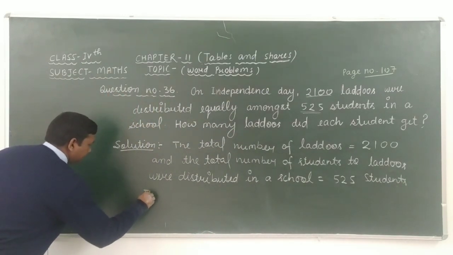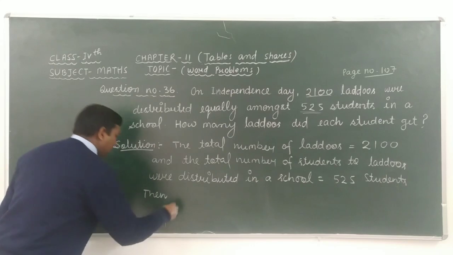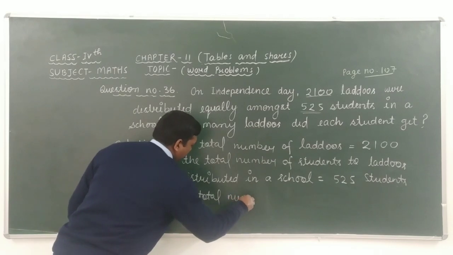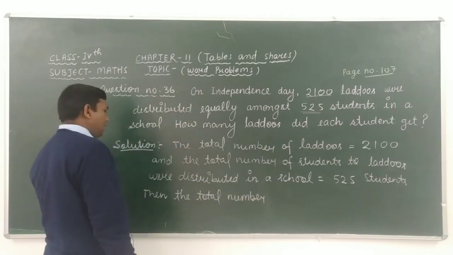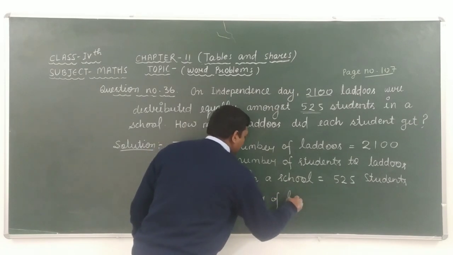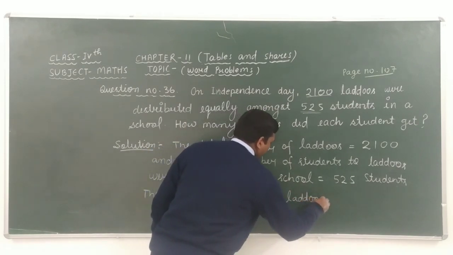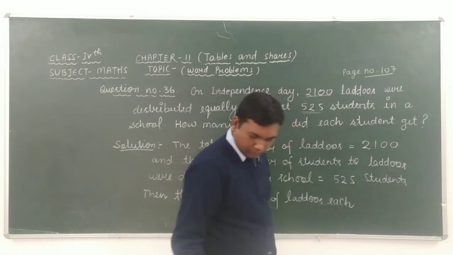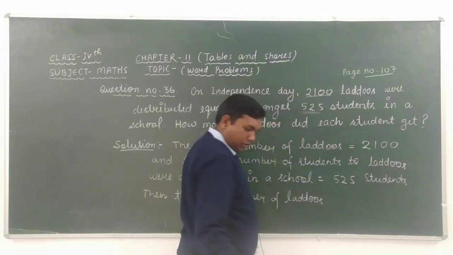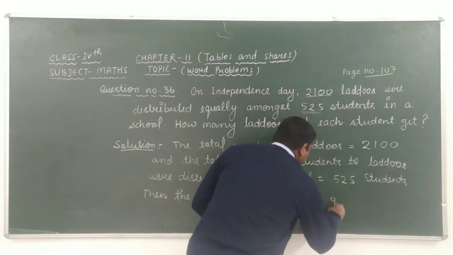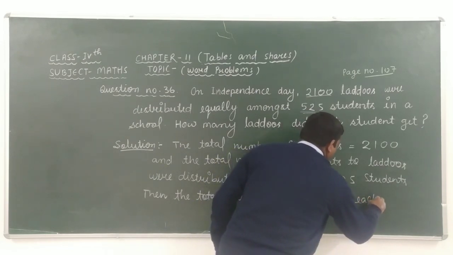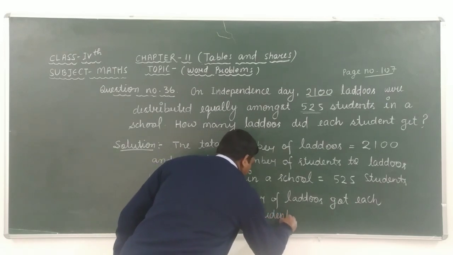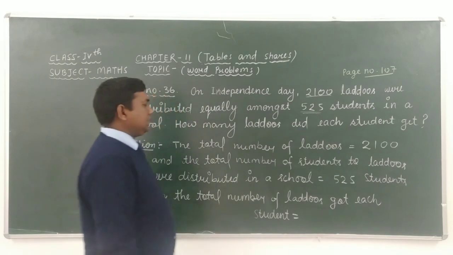Then the total number of laddus each student got is equal to the division of 2100 by 525.